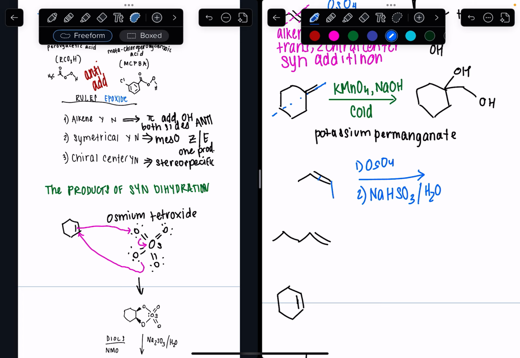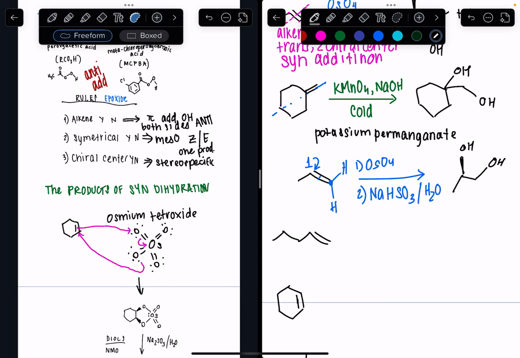Well, remember, we have our two hydrogens, so this is not chiral, so we only have one chiral center. So we're going to get addition, adding an alcohol here, and on this side, we're adding an alcohol, but it doesn't need to be stereospecific. And we will have an enantiomer.